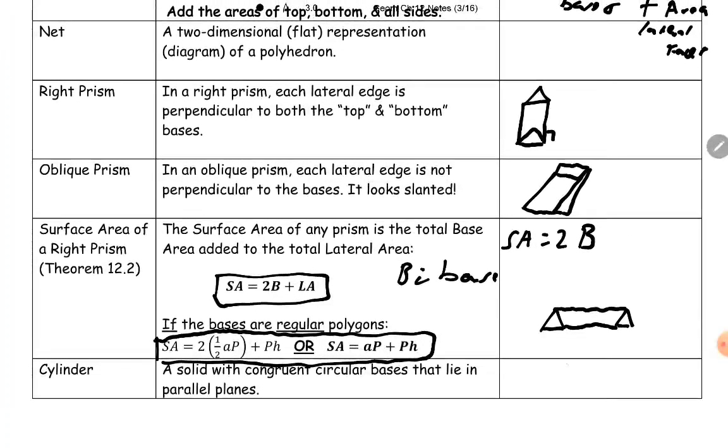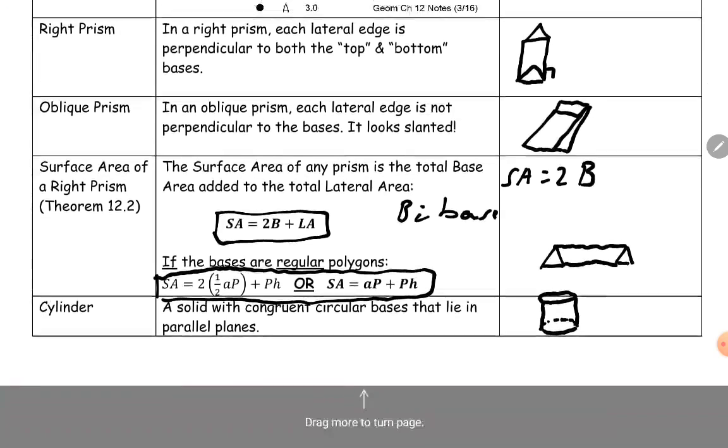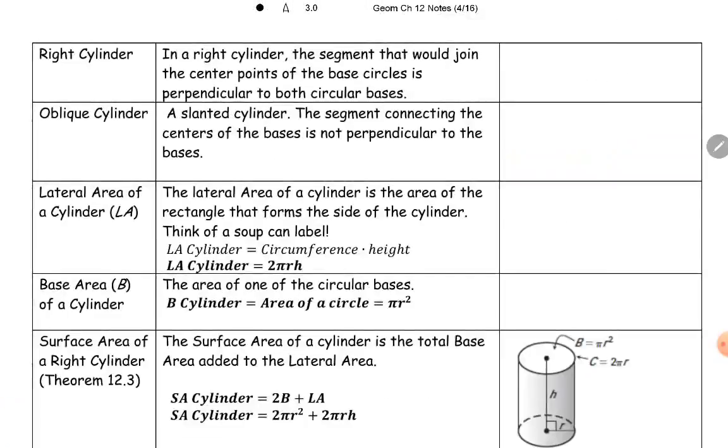A cylinder, well, I think we already went over a cylinder, but it's like a can. The bases are circles. A right cylinder is a cylinder standing up. Oblique is a slanted cylinder.